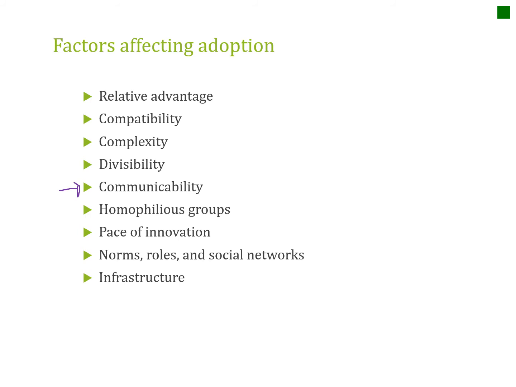Can you market it to a large group? This might be like a physician practice where it's not multi-specialty, they're all orthopedic. So homophilous groups would be all orthopedic people. They're all the same, so you can expect them to make changes in services.